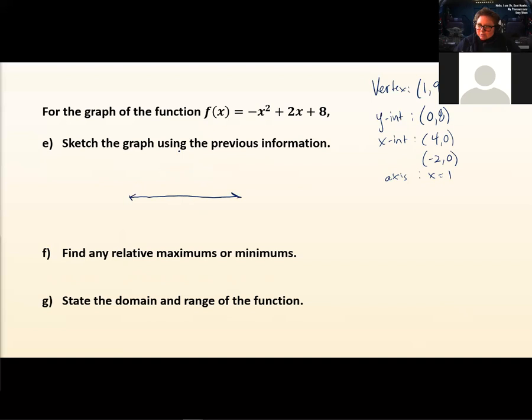If we have our graph, okay, 1, 2, 3, 4, 5, 6, 7, 8, 9. 2, 3, 4, 5, 6, 7, 8, 9.